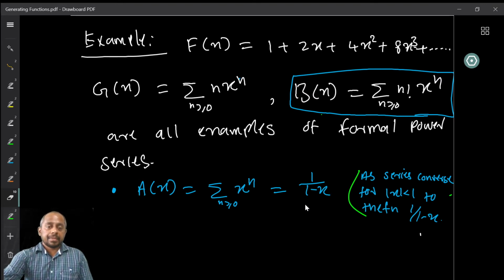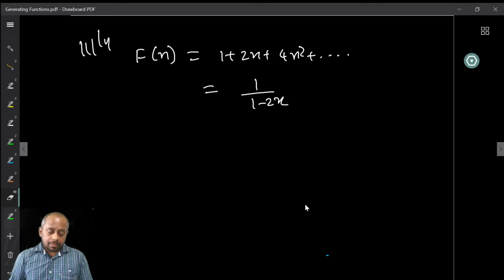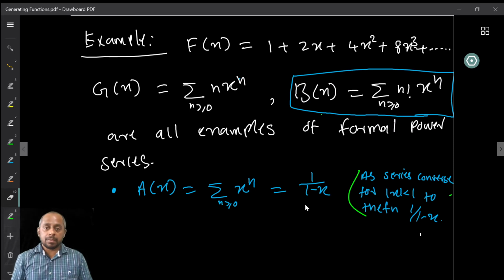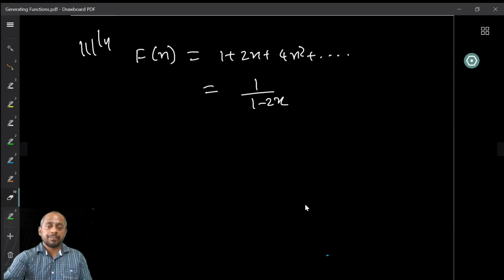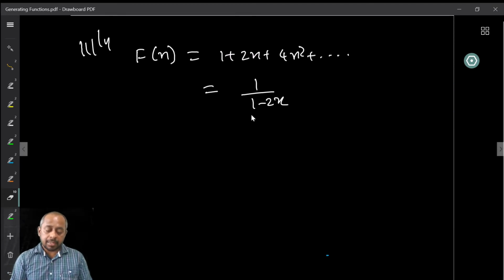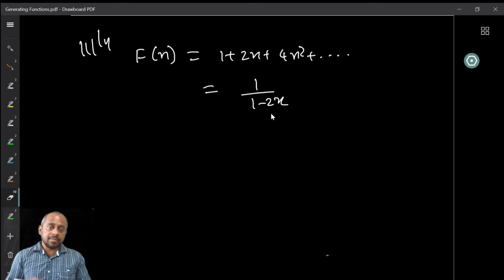Okay. Now, similarly, like your first example f(x), what is f(x)? 1 plus 2x plus 4x squared. But this has an uncanny resemblance to 1 plus x plus x squared, because you just replace x with 2x. So therefore you can show that this series converges to 1 by 1 minus 2x, where the interval of convergence may be different, but it still converges, so you get a function.